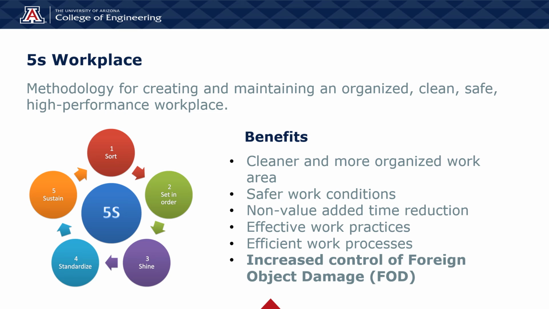By focusing on FOD from the 5 whys, the team has proposed a corrective action in the form of 5S. 5S is a methodology for creating and maintaining an organized, clean, safe, and high-performance workplace. A 5S workplace offers multiple benefits, including increased control of foreign object damage or foreign object debris.